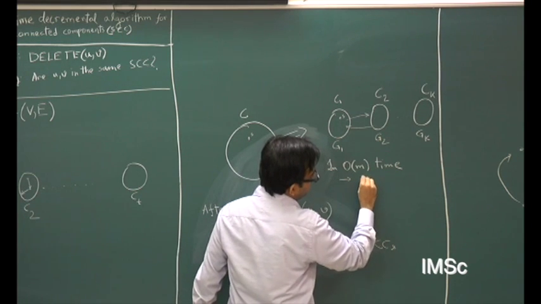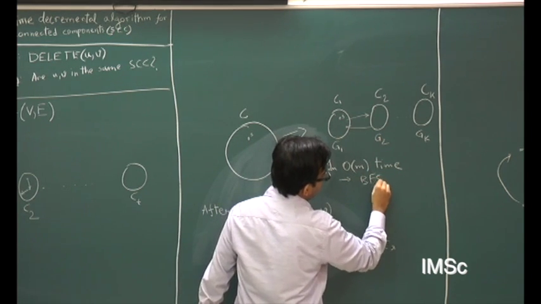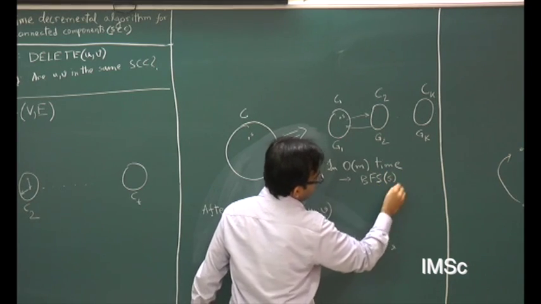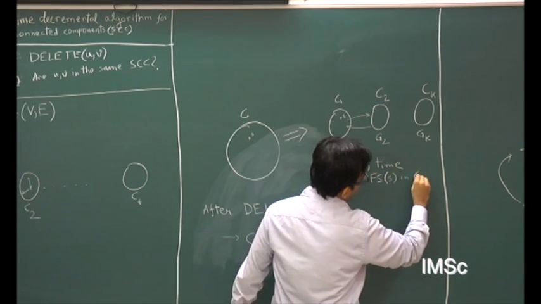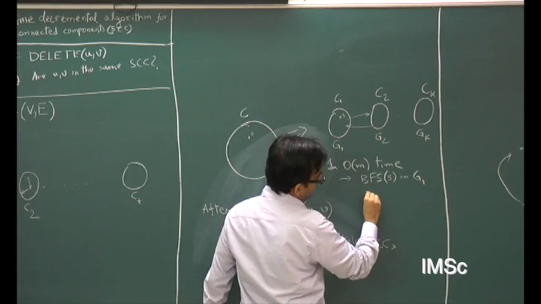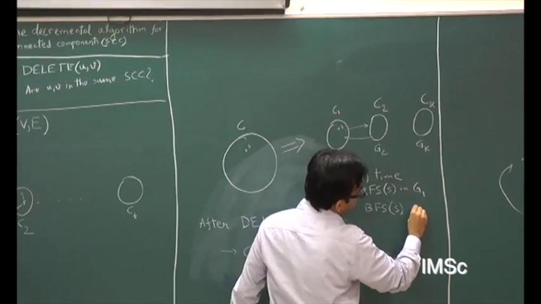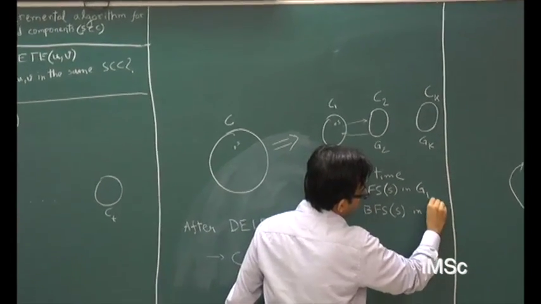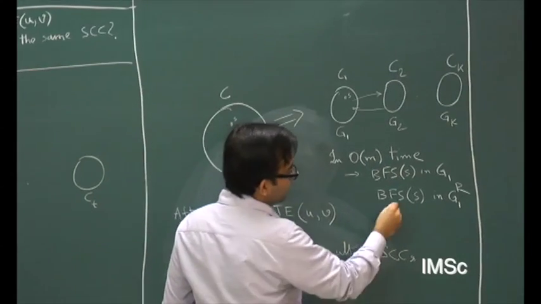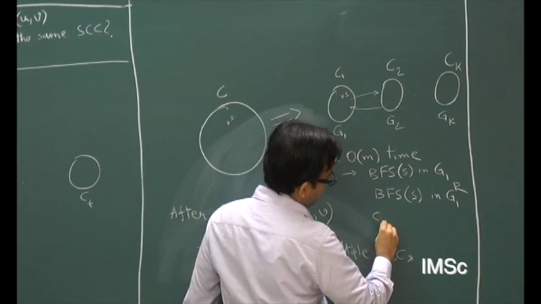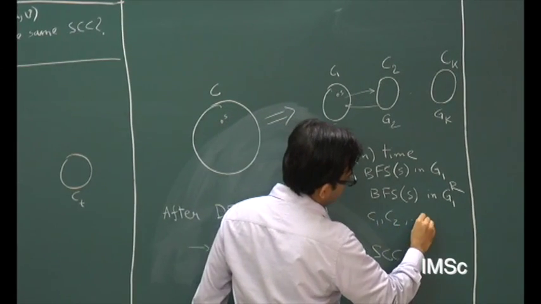We can figure out the BFS tree of S in G 1, the BFS tree of S in G 1 reverse, and we can figure out these components C 1, C 2 till C k.